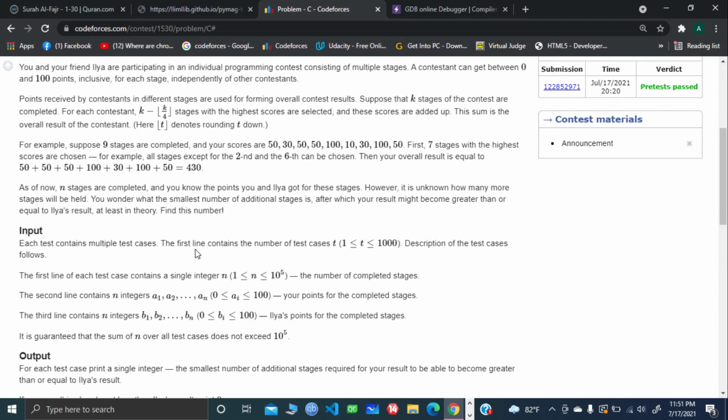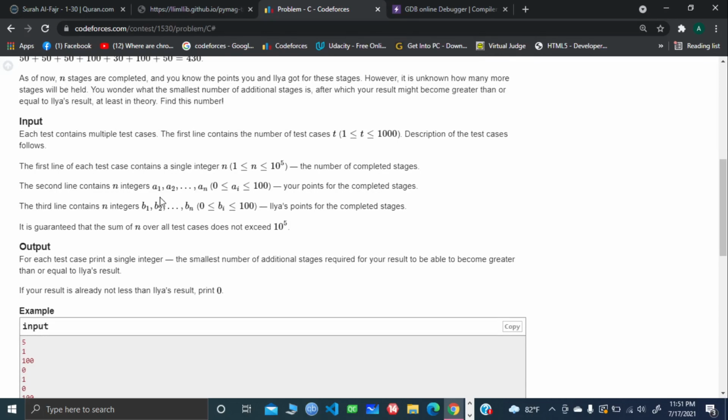So that's exactly what we have to do. If it doesn't fit after completing n stages, we are allowed to do more stages and manipulate the upcoming stages' points in our own way, such that we make it as quickly as possible, with the minimum number of additional stages. I hope you get that.